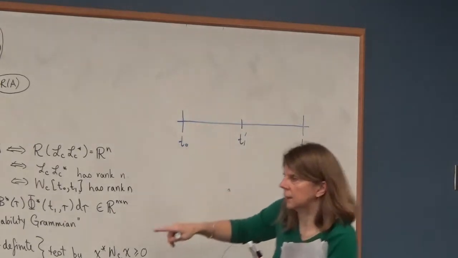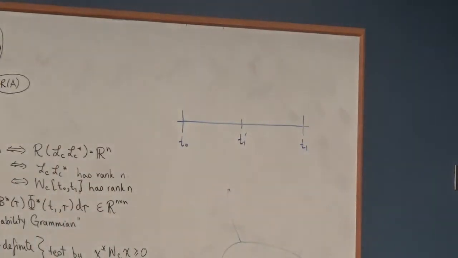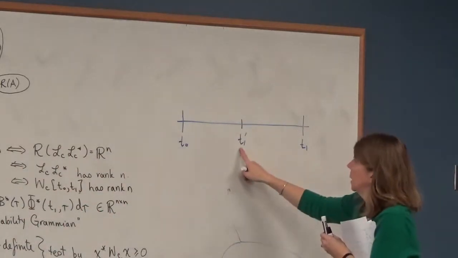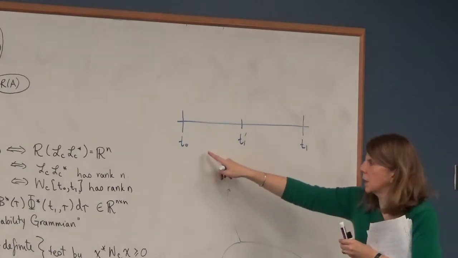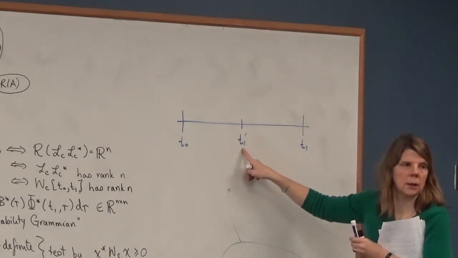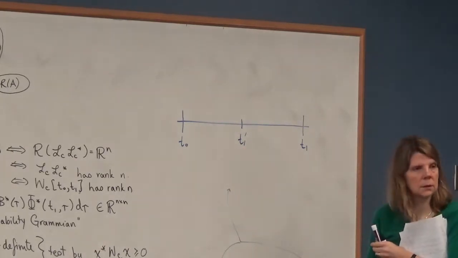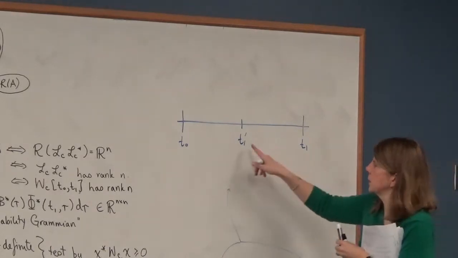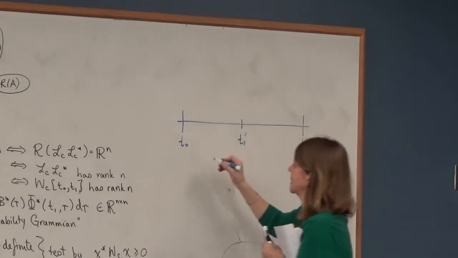You can't start a little bit later, because maybe you achieved controllability because of what was happening at the initial time. So if it's controllable over the longer interval, then it's controllable over the shorter interval t0 to t1 prime. That's the opposite of what I said. Okay, let's write it down.